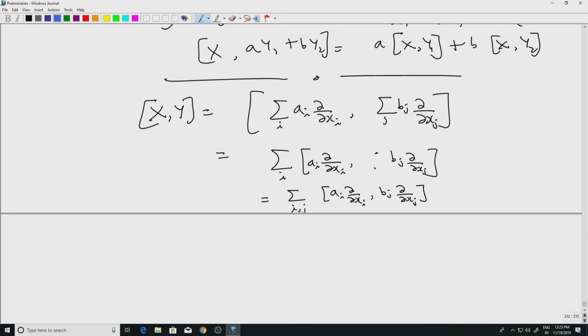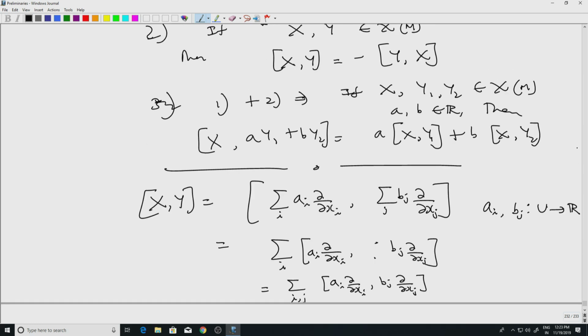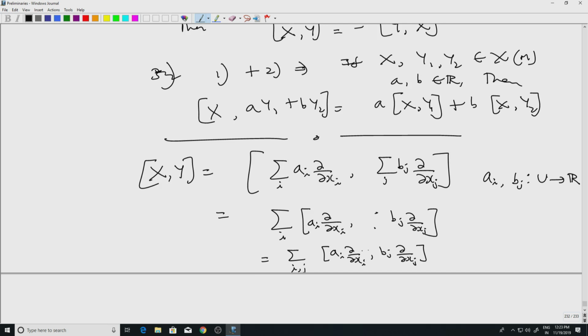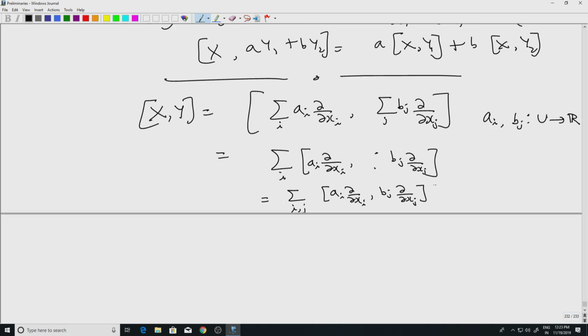We had reduced it to X can be written as sigma ai del by del xi, Y can be written as sigma bj del by del xj, where ai and bj are functions from the open set, the chart, to R. Using the bilinearity properties, one reduces the expression to this. It's a double summation over i and j, and then one has this. So let's see what this is.